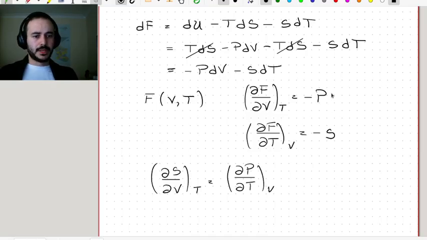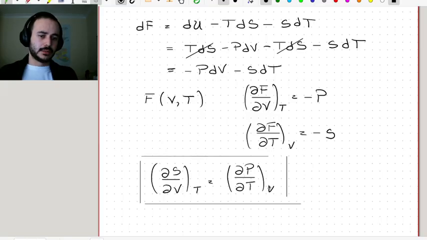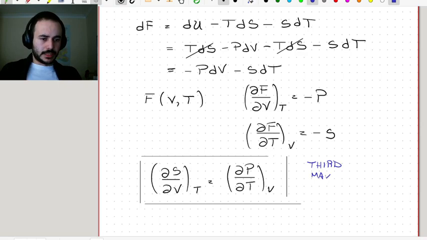We derive this with respect to temperature, and we derive this with respect to volume. And we get, again, another highly non-trivial relationship involving derivatives of entropy, volume, pressure, and temperature, which is going to be tremendously useful later. This is called, just for historical reasons, the third Maxwell relation.